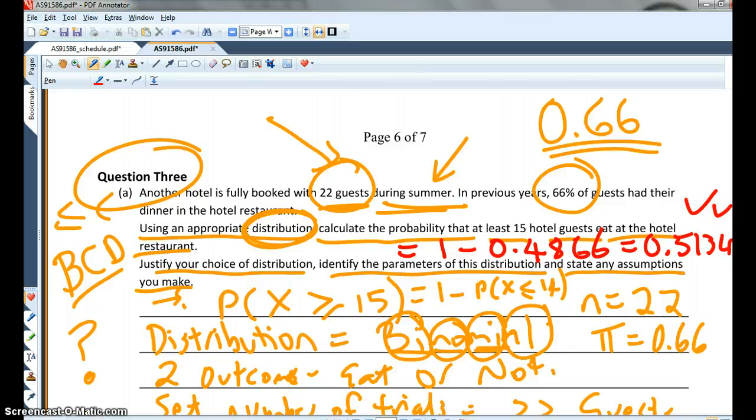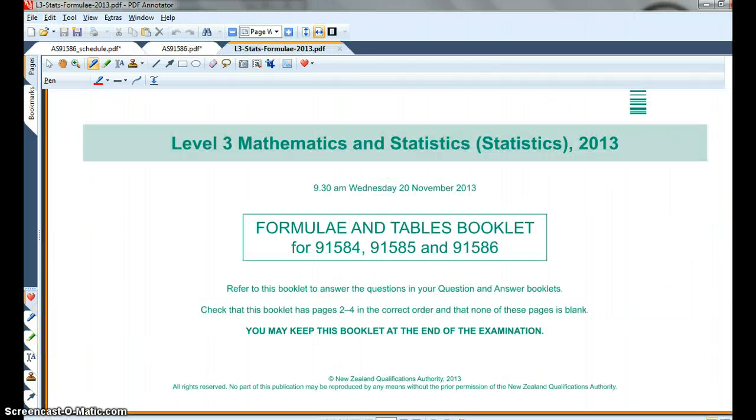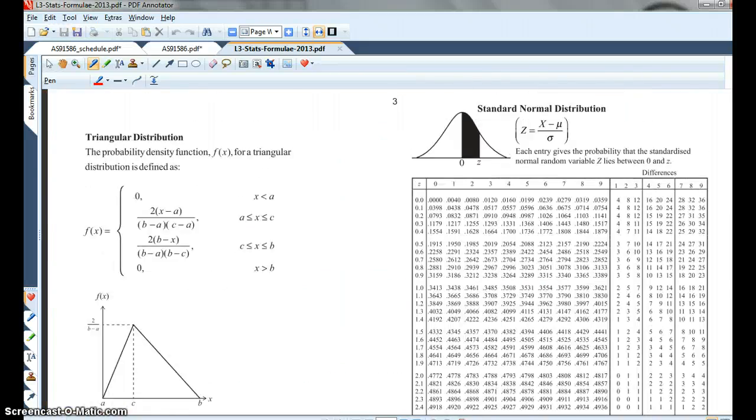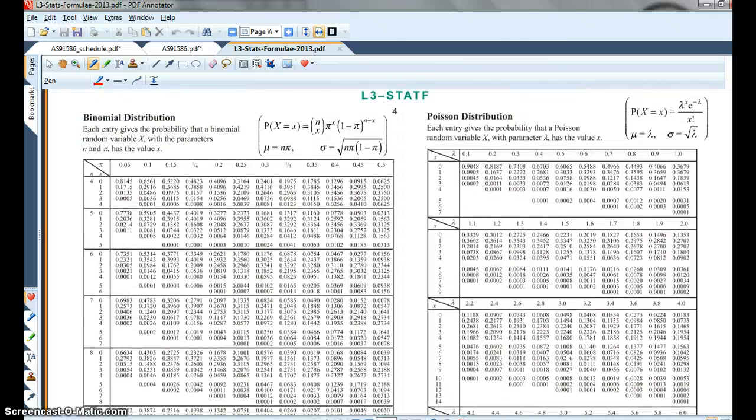Go to your formula sheet. I'll grab my formula sheet. Okay, so formula sheet, here we go. We're going down to find our binomial. So binomial is here.